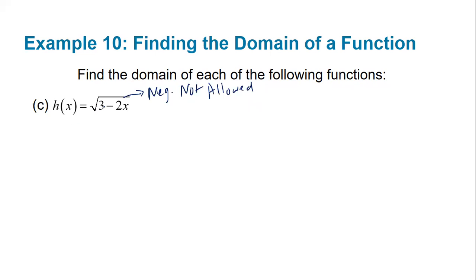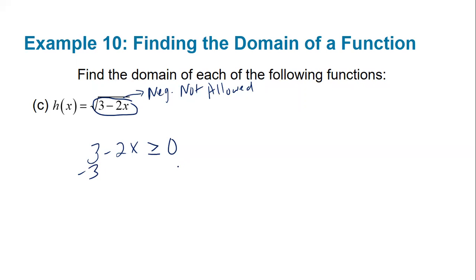Okay, so when we're looking at this, you're going to take whatever's underneath the square root, 3 minus 2x, but it has to be greater than or equal to 0. And how do I solve this? What do I need to do to get x by itself? I'm going to subtract the 3, right, Isaac?